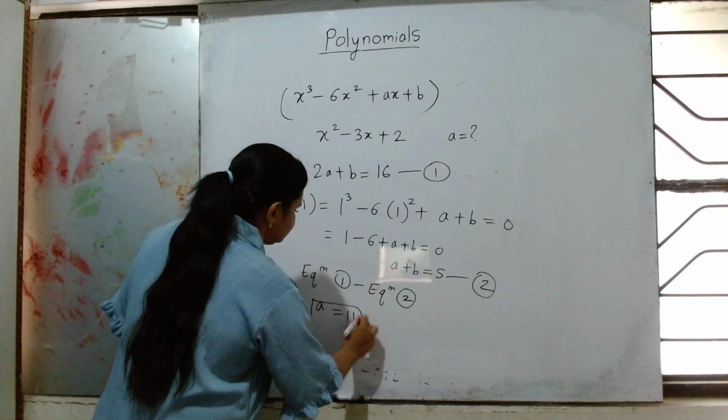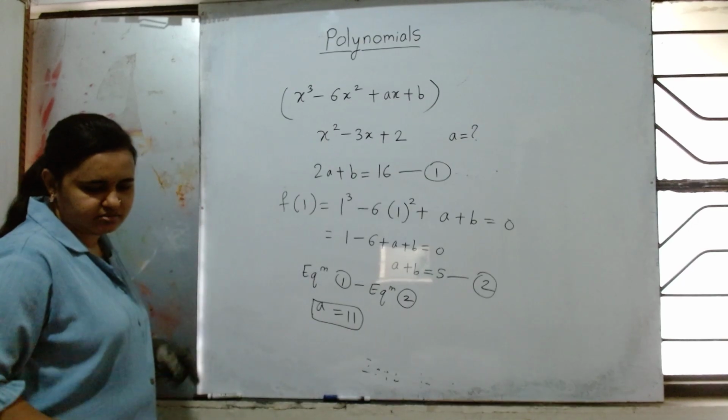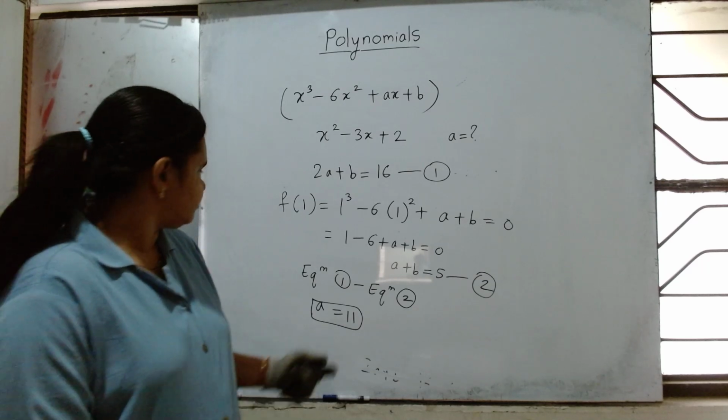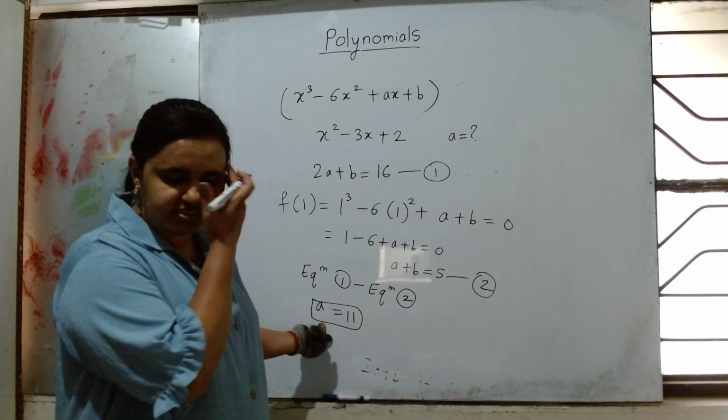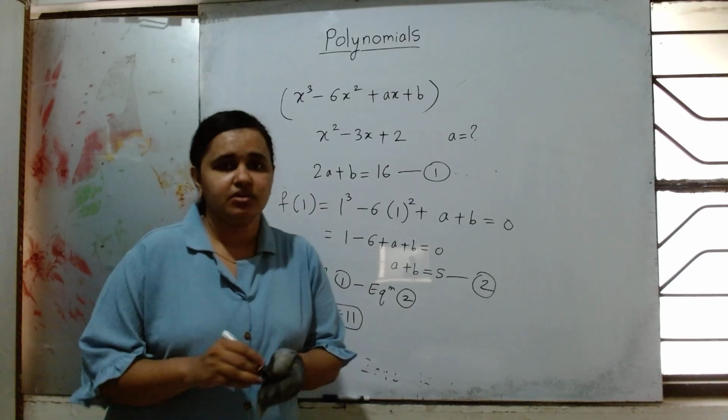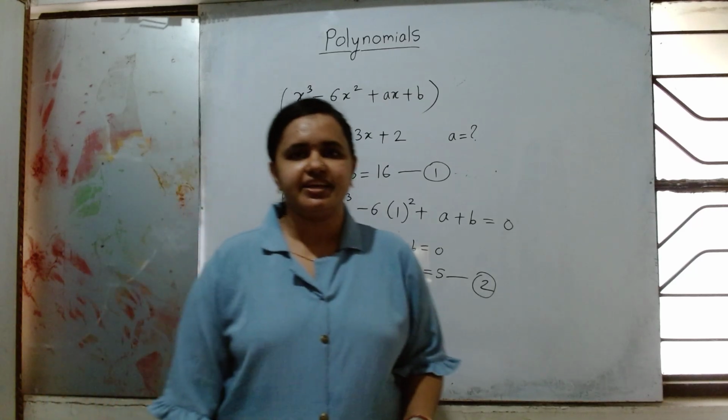So we have got the value of a as 11, and it is option T. Now the remaining we will do in the next lecture. Bye bye.